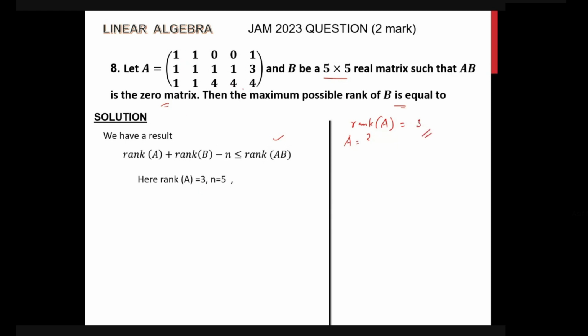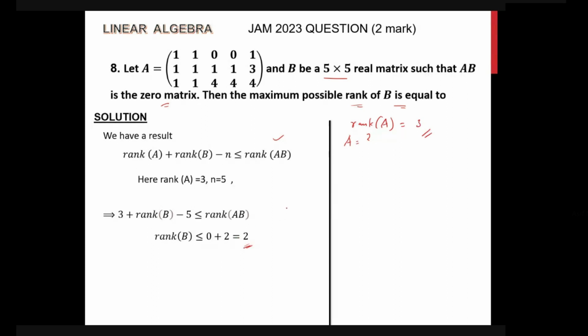And n, the number of columns, is 5, so 3 plus rank of B minus 5 is less than or equal to rank of AB, and rank of B, since we want the maximum possible rank, is always less than or equal to 2.